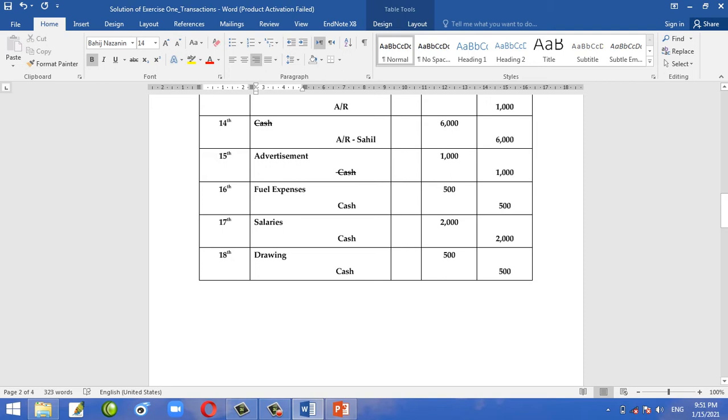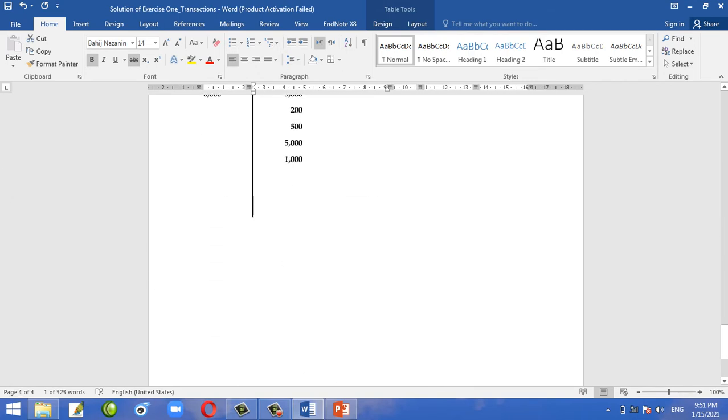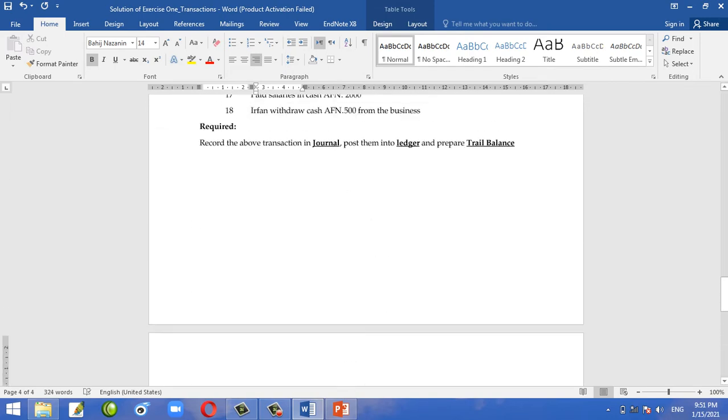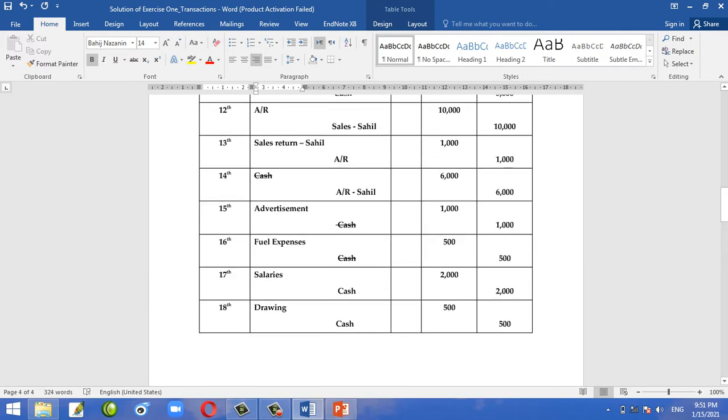Now come to the other one. Do we have cash in 16th one? Yes, on 16th of January we have cash. That is 500 as credit. We have to record 500 as credit in ledger account in credit side. So now come to the next one.